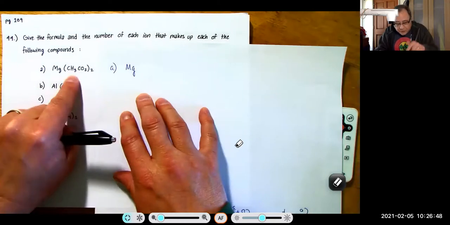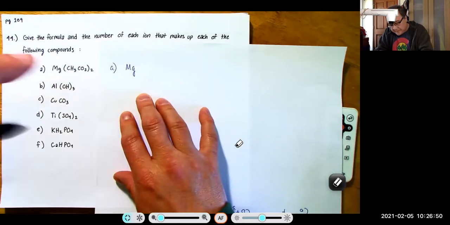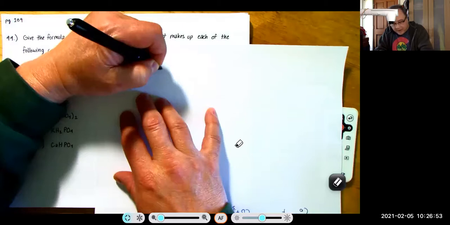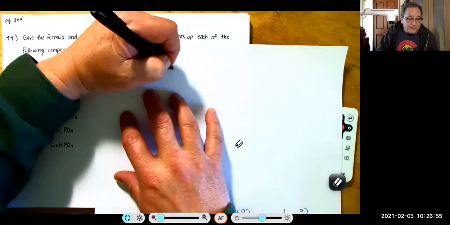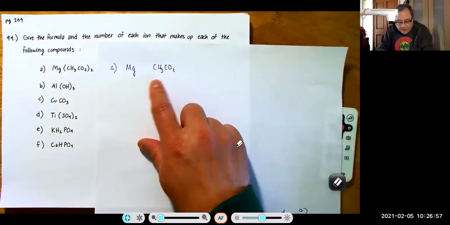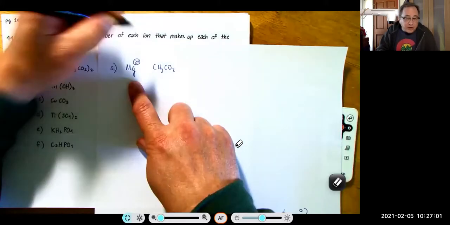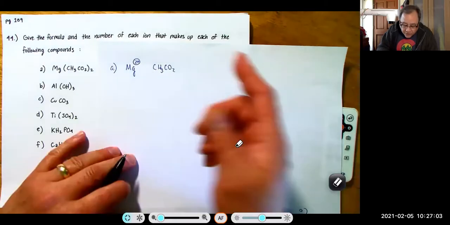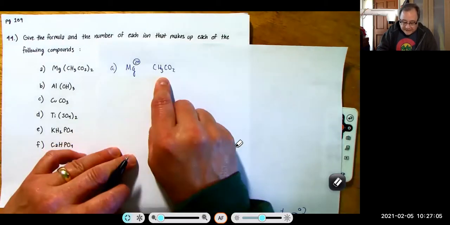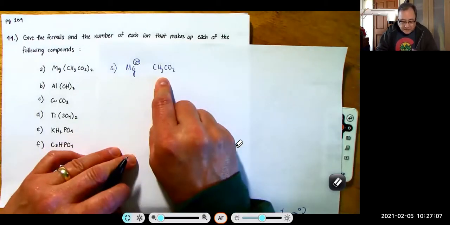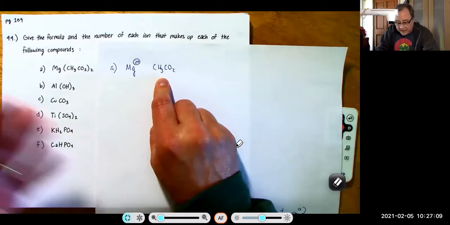Now, what does this 2 mean? The 2 means that you have 2 of those. Now, if we know this is the cation, and we know it's a +2 charge because it's in group 2A, and you know you have 2 of these, what does the charge on each one have to be so this thing is neutral? -1.